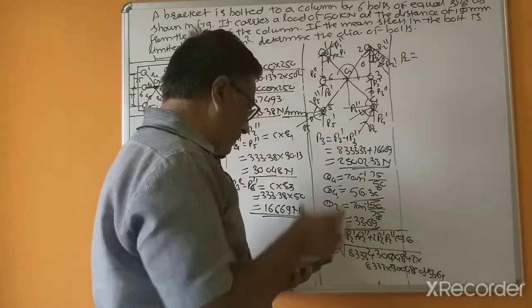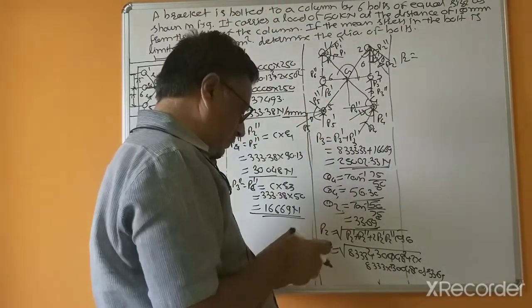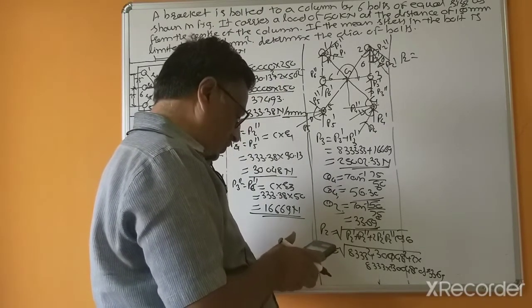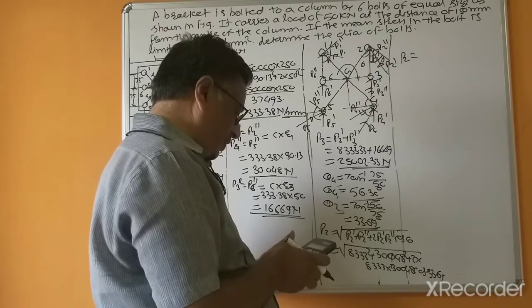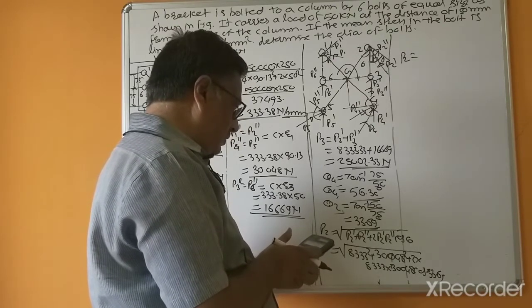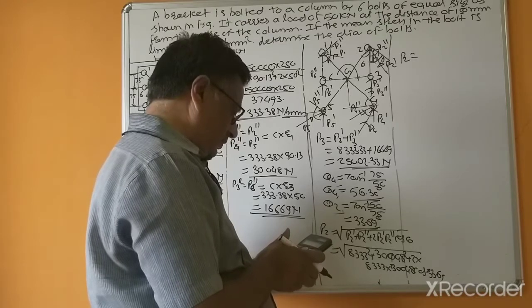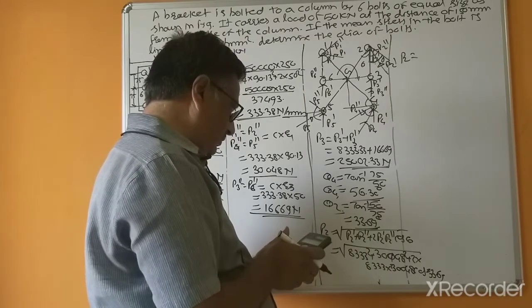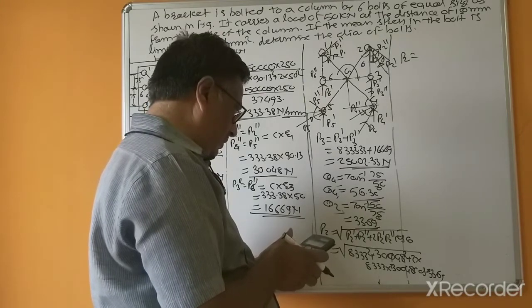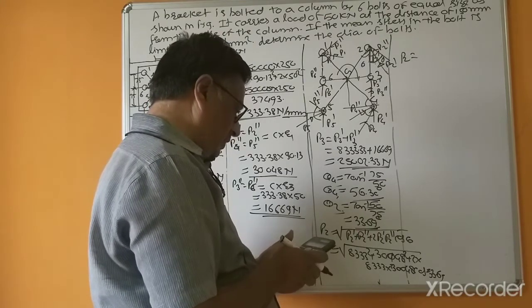P2 equal to cos 33.69 multiplied by 30,000 48, 8,333 multiplied by 2.